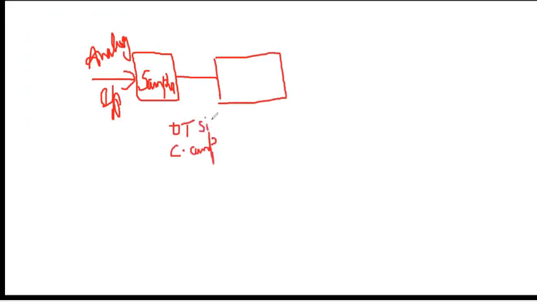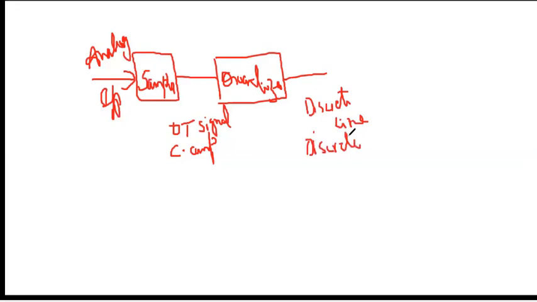The second block is a quantizer, whose output is also a discrete time signal, but with discrete amplitude.